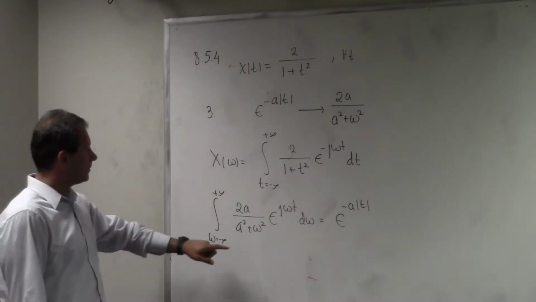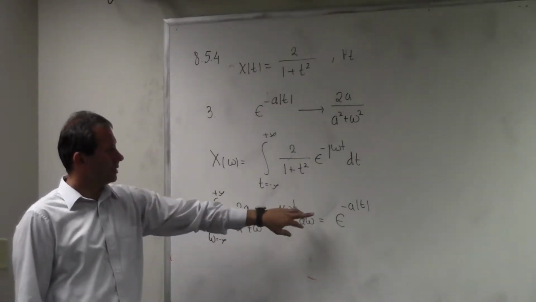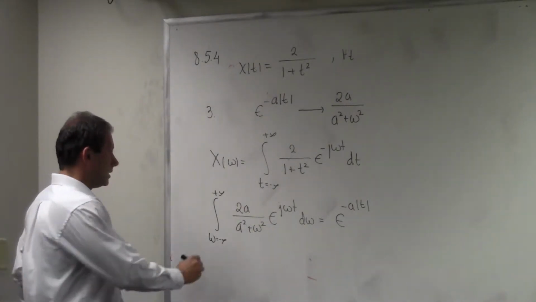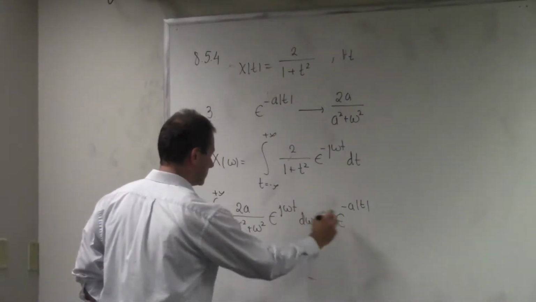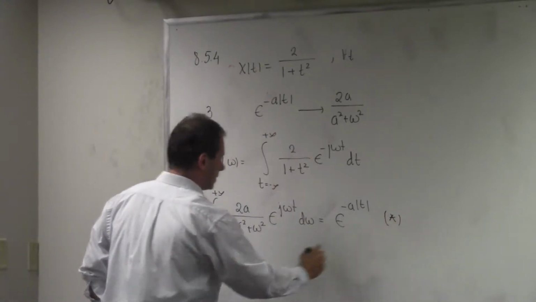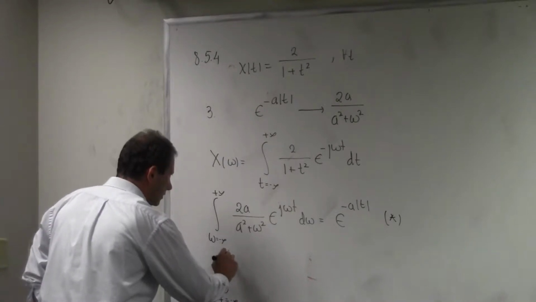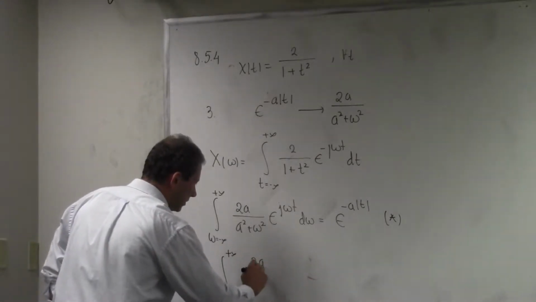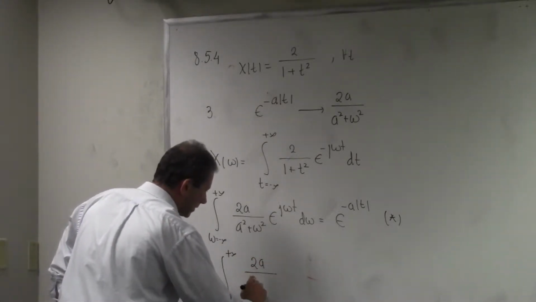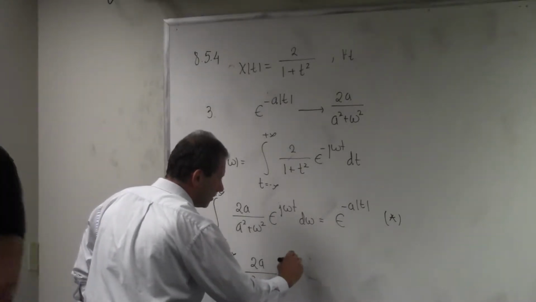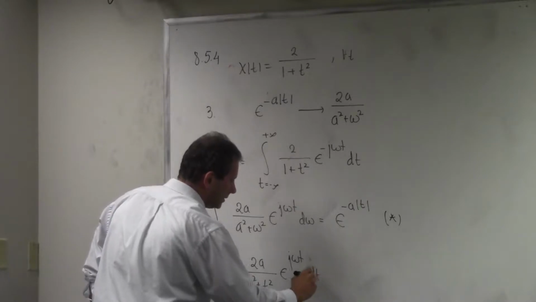So if I do substitution here and change the places of t and omega, I have something like this. The integral as t goes from minus infinity to plus infinity of 2a over a squared plus t squared times e to the j omega t dt.